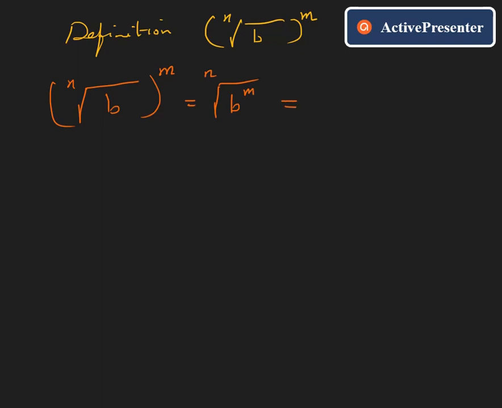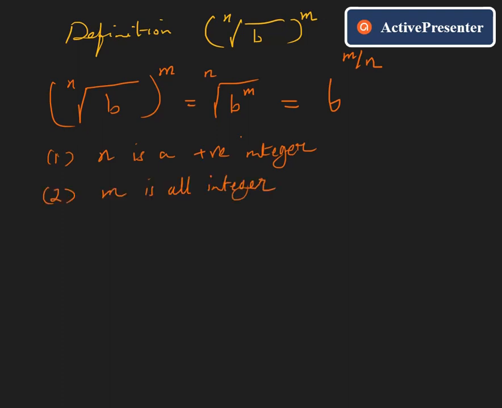This is also equal to b to the power m over n, provided that n is a positive integer and m is any integer, so m can take any value.